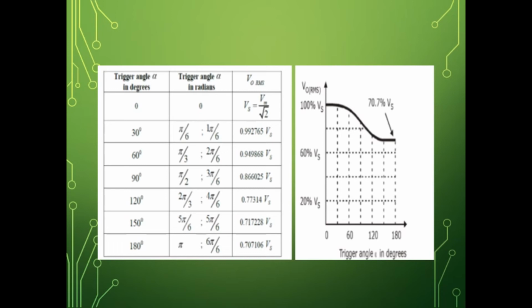So we will see what is the average value of the output voltage. The average value of the output voltage is VDC is equal to 1 by 2 pi integral alpha to 2 pi Vm sine omega t d omega t.